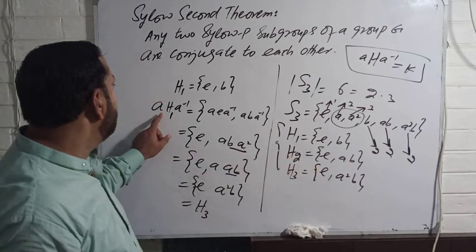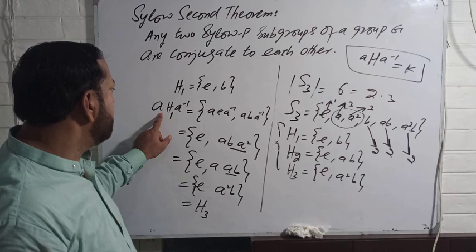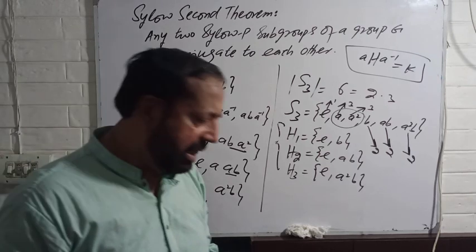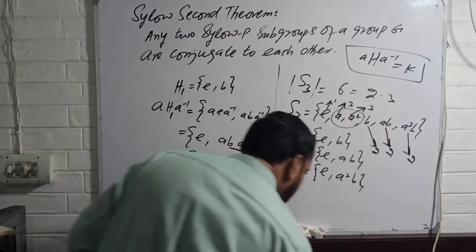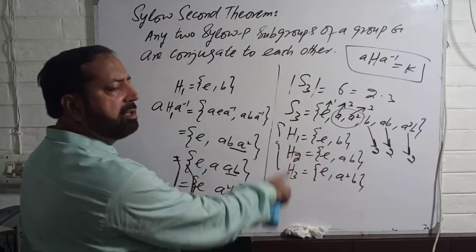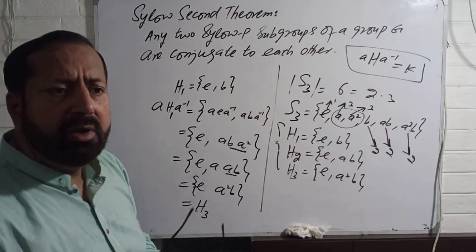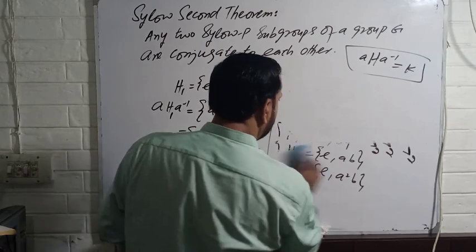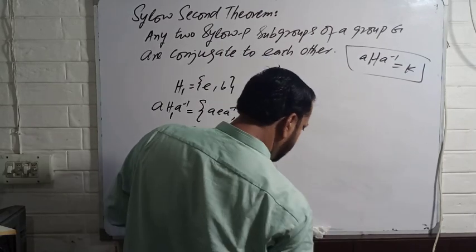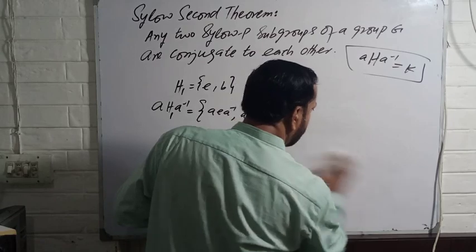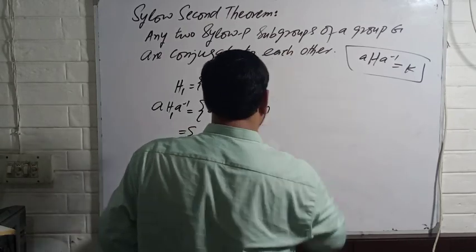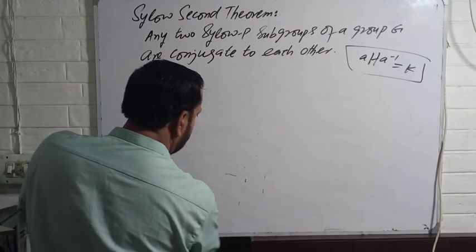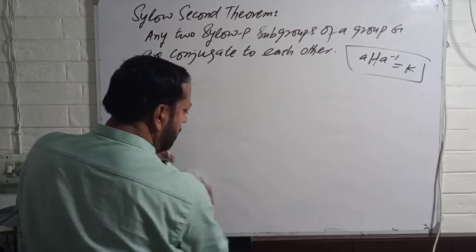Similarly, if you multiply by AB instead of A, what will happen? Remember these subgroups.